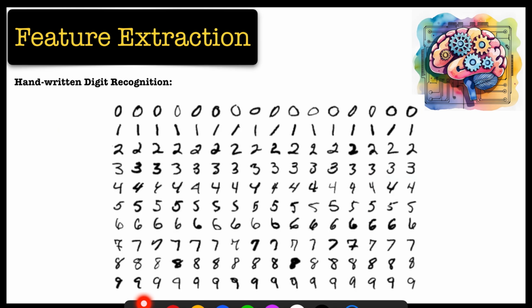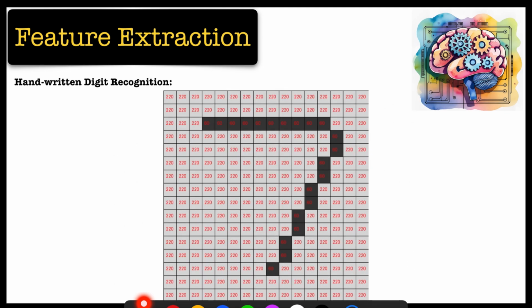Now let's see one simple different example. We have a few handwritten digits, and we'll do handwritten digit recognition, recognizing digits 0 to 9. An image is represented as a grid. I am taking one simple grayscale image here. Pixel values will be from 0 to 255, where 0 means close to black and 255 means close to white.